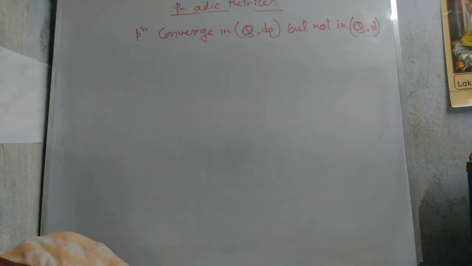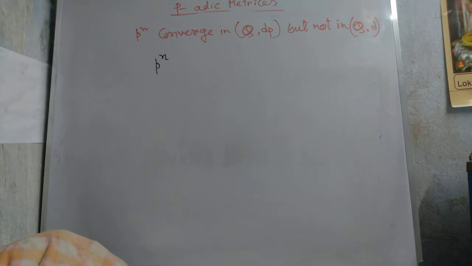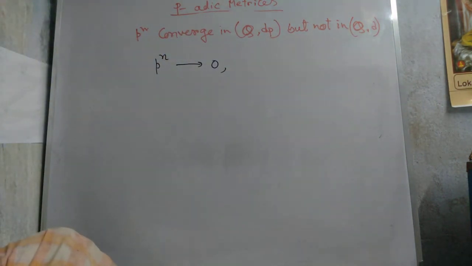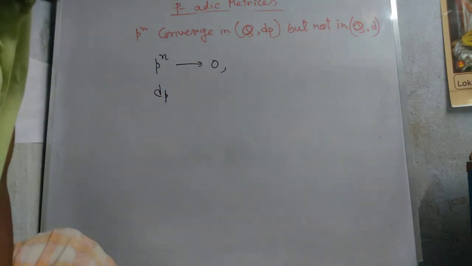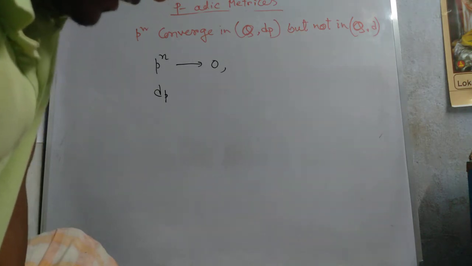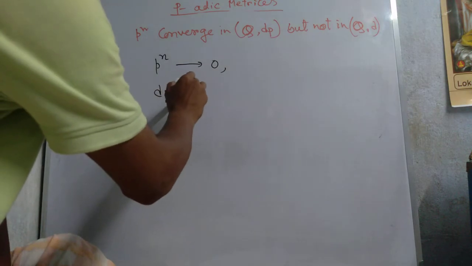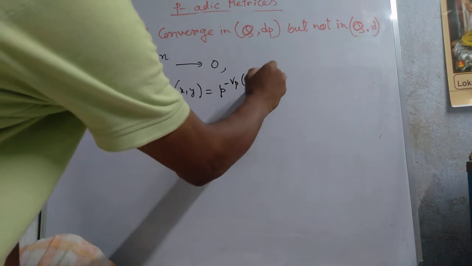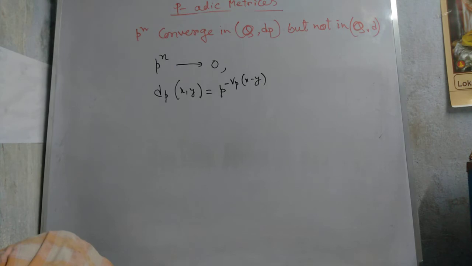This one happens so simply because p to the power n is converging to 0. Why? Because d_p(x,y) equal to p to the power minus v_p(x minus y) if x not equal to y.